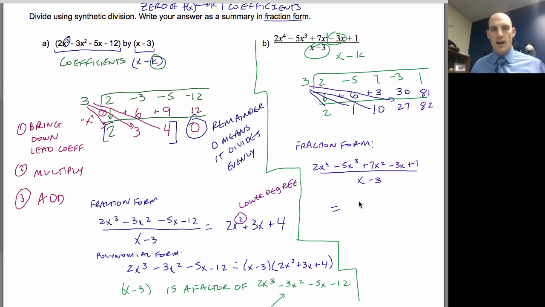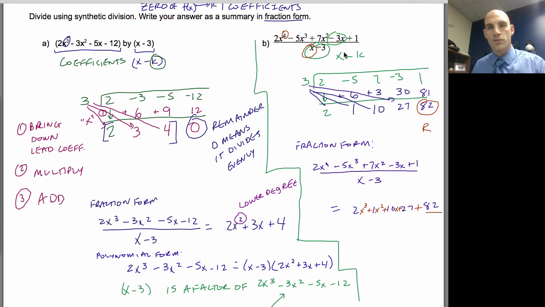All right, so I've got 2, 1, 10, 27, and 82. What does all this mean? What do these numbers mean? Well, remember, if I'm dividing by an x, that means my power is going to be 1 less. So this is 2x cubed plus 1x squared plus 10x plus 27 plus 82, and this is my remainder.